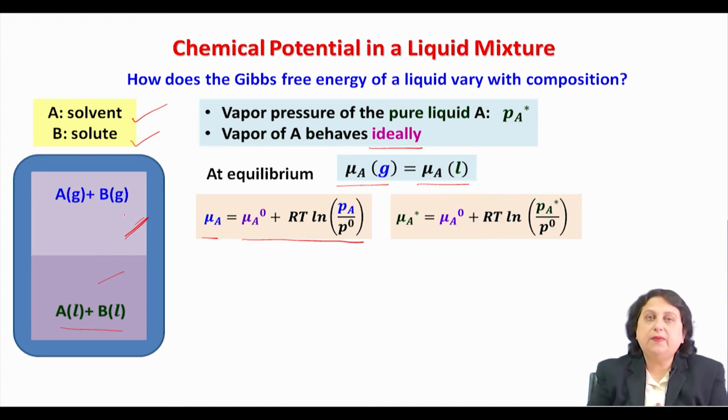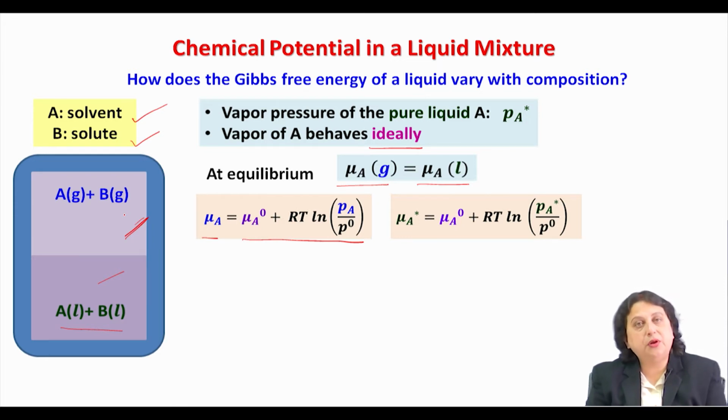Now, if I think about the pure phase of A, where the pure liquid is in contact with its vapor phase, then I understand that mu A star is going to be equal to mu A naught plus RT ln PA star by P naught.